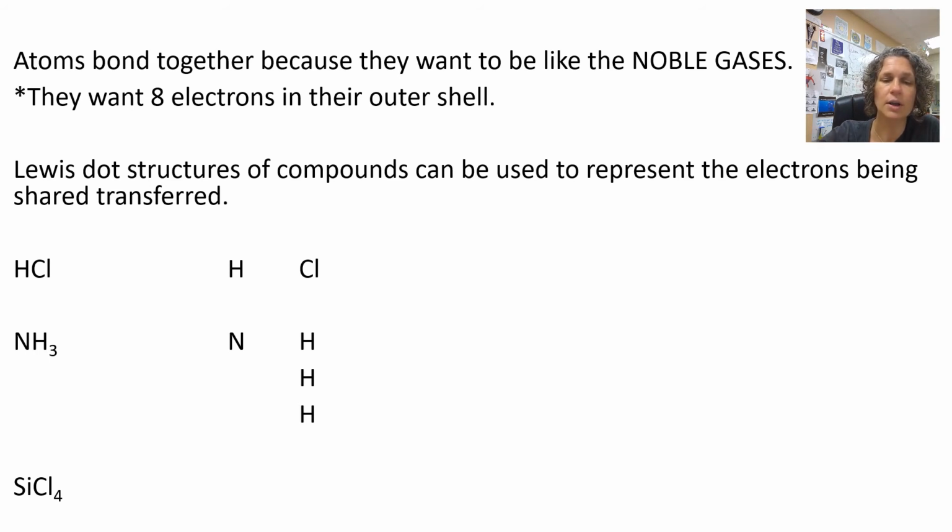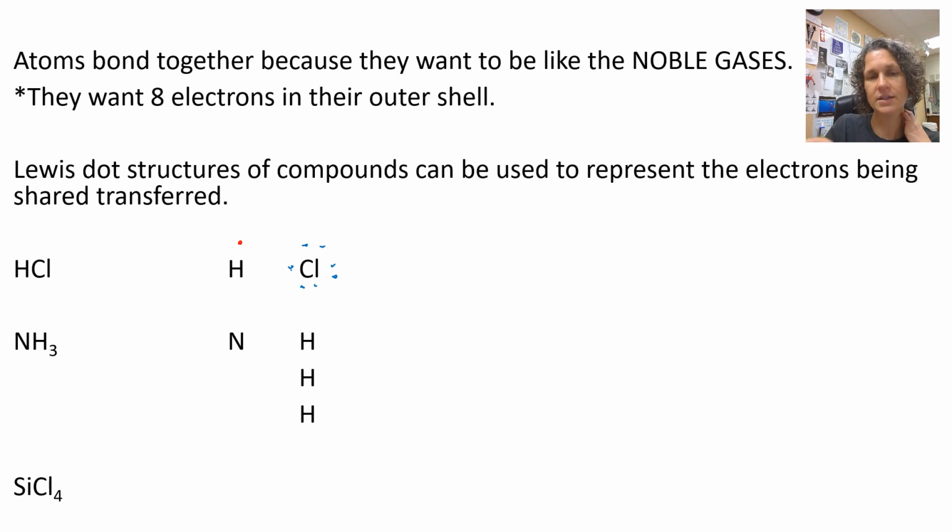hydrogen is in the first column, and it will always have 1 dot. Chlorine is in the 7th column, or the 17th column, depending on which numbering system you're using. So it will have 7 dots: 1, 2, 3, 4, 5, 6, 7. When you put them together, it's pretty easy to see that hydrogen will give up its 1 electron, and chlorine will take it, but they will be bound together by that transfer.